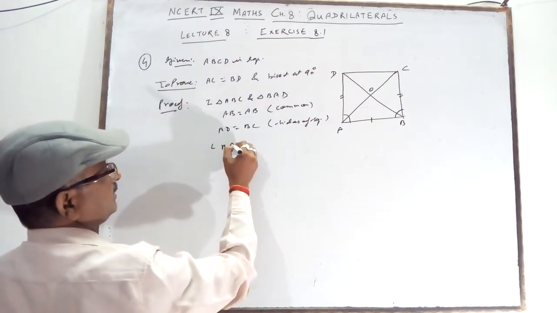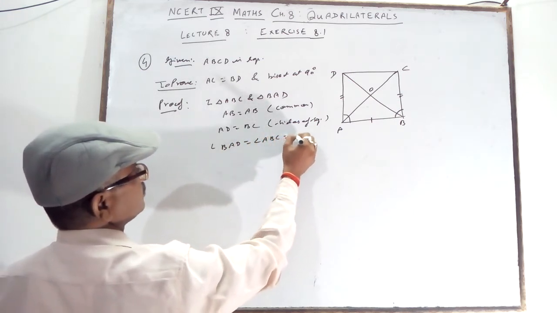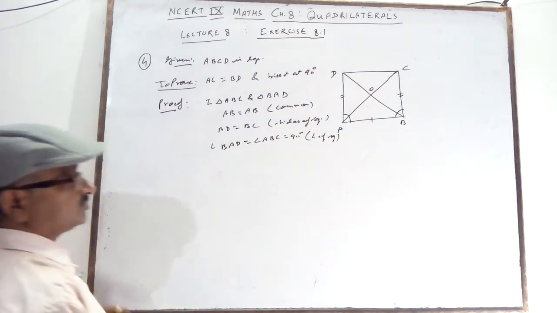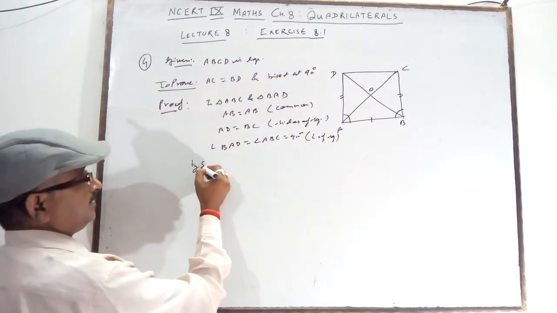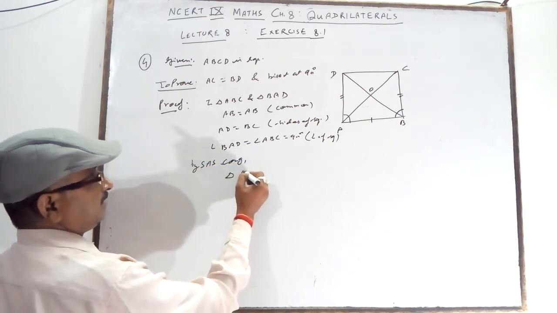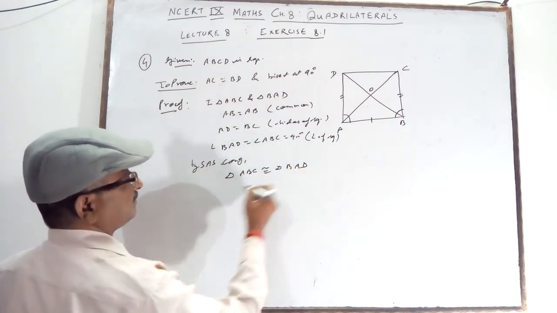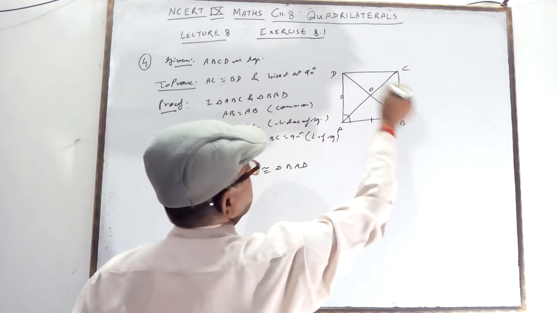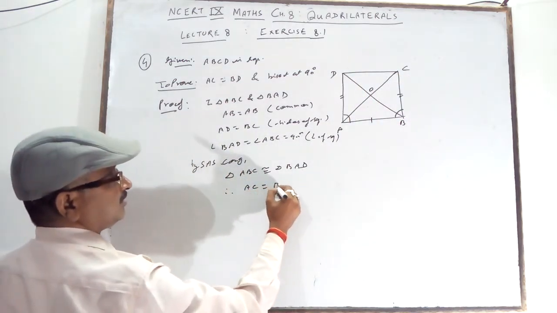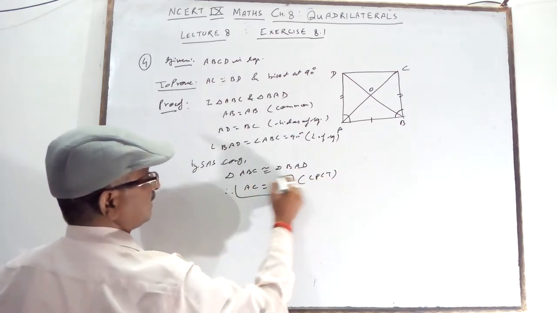Angle BAD is equal to angle ABC is equal to 90 degrees, angles of a square. So by SAS congruency, triangle ABC is congruent to triangle BAD. So AC must be equal to BD by CPCT. Hence the first part is proved.